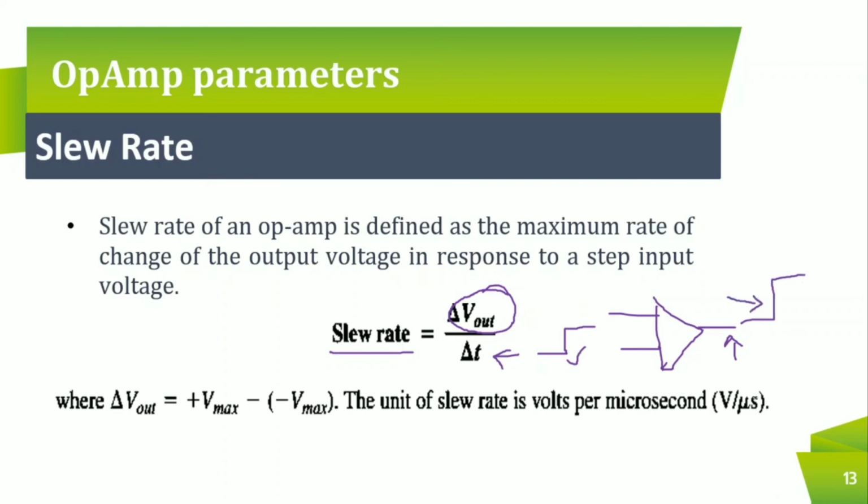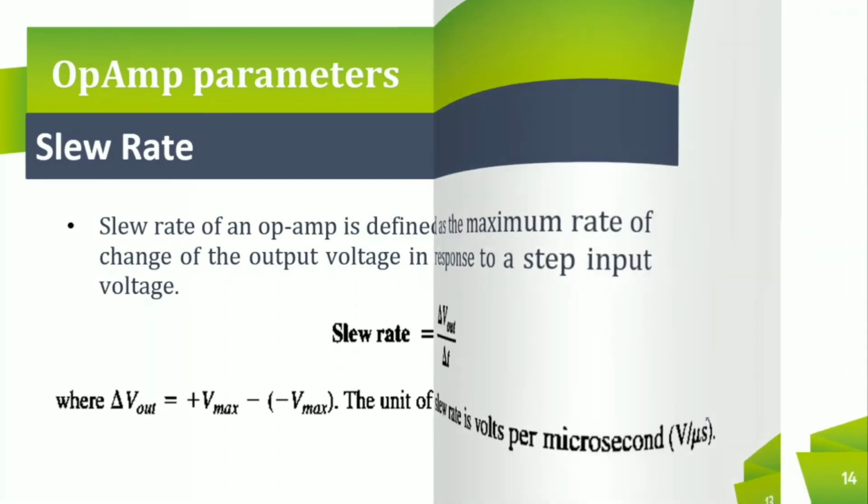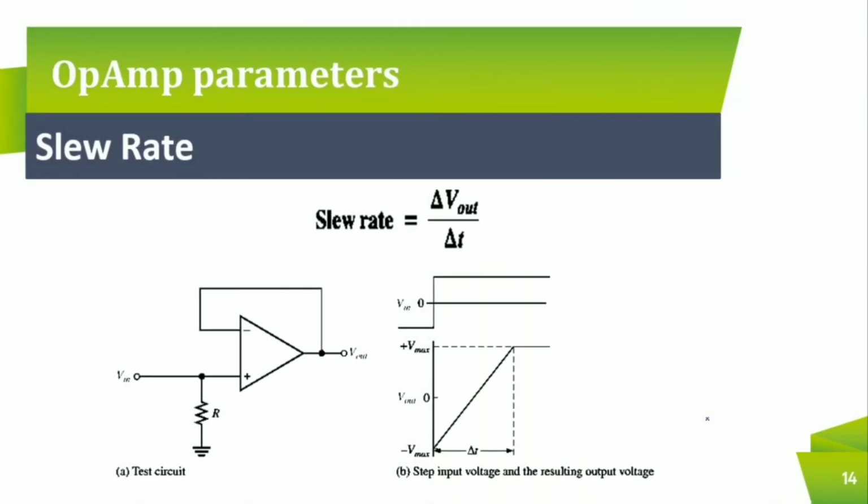Will it change instantly? Will it change with a little delay? Or will it take a steep value and then change? This is defined as slew rate. The unit of this is volts per microsecond.